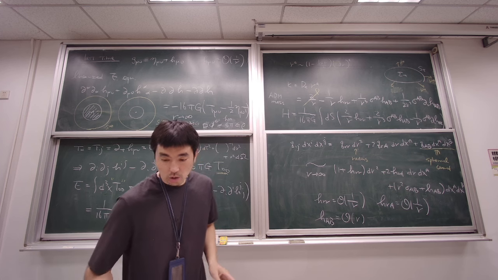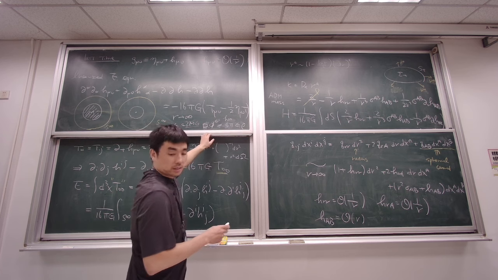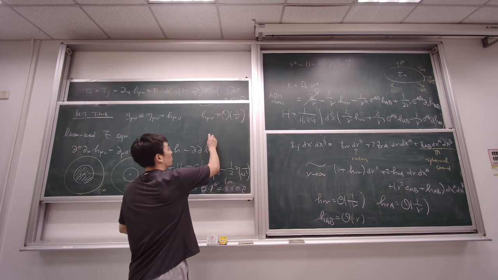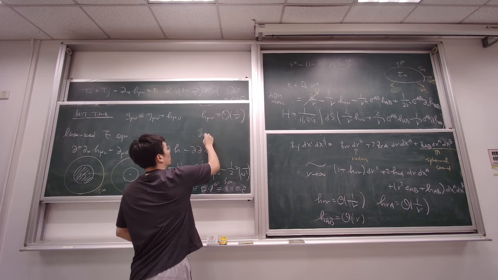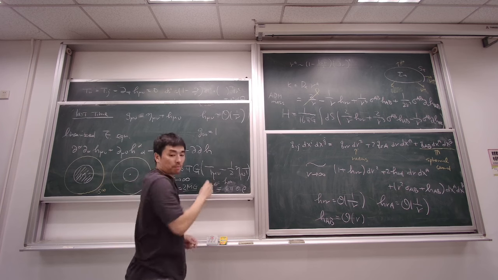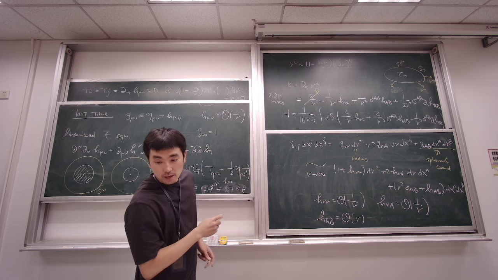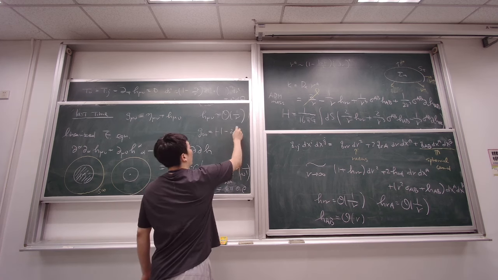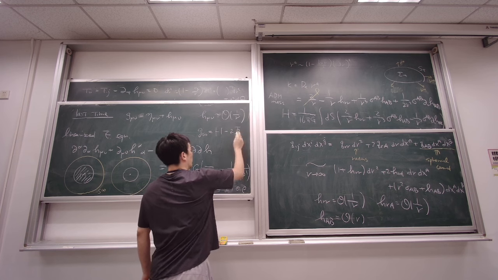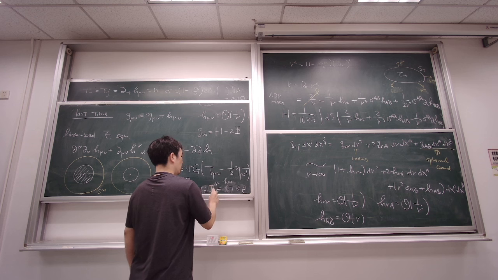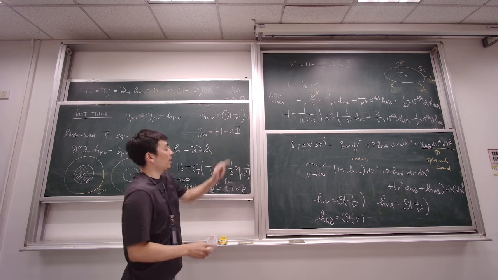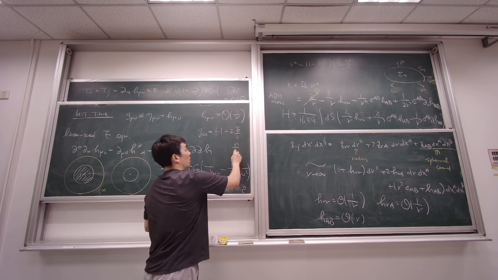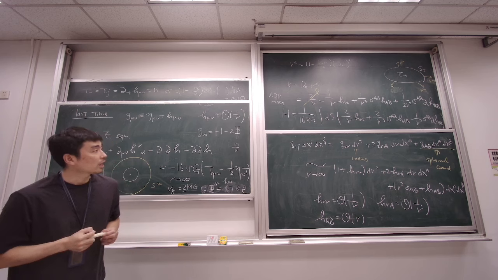I don't remember the details. So G00 should behave like minus (1 minus 2 phi), and this phi is equal to m over r.